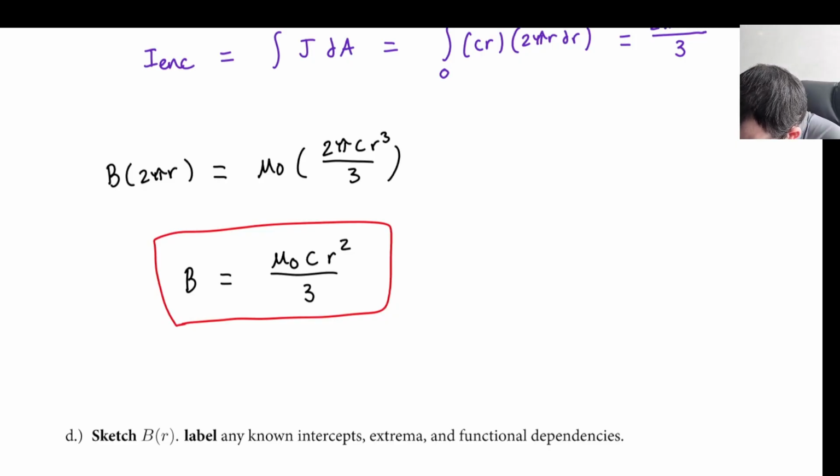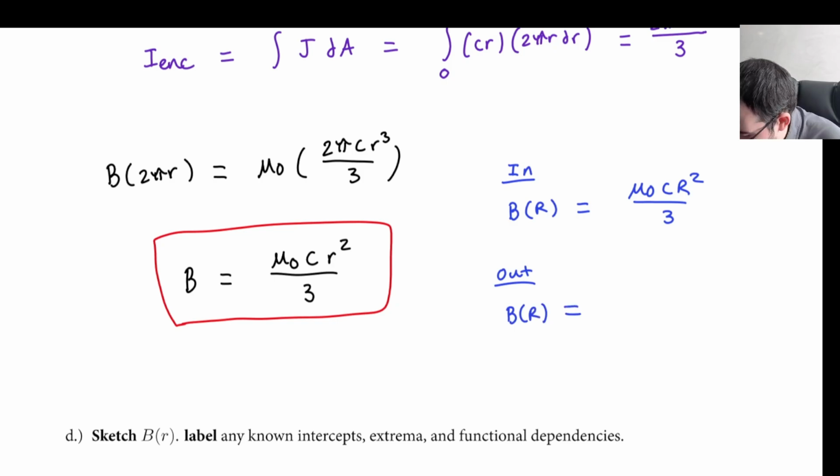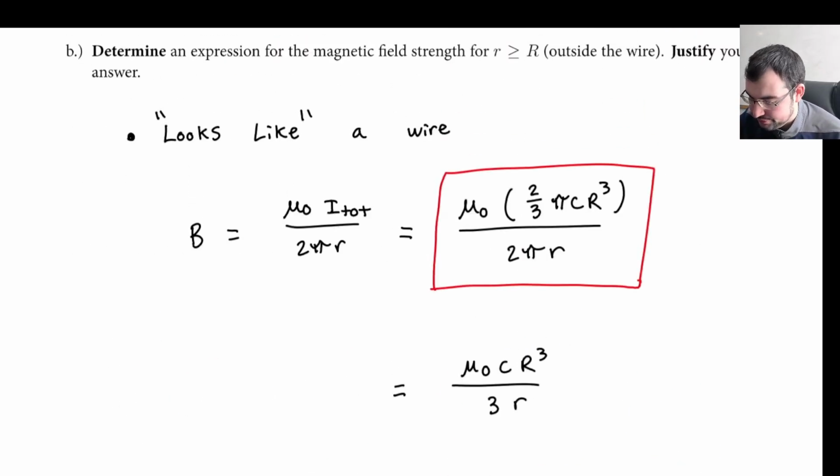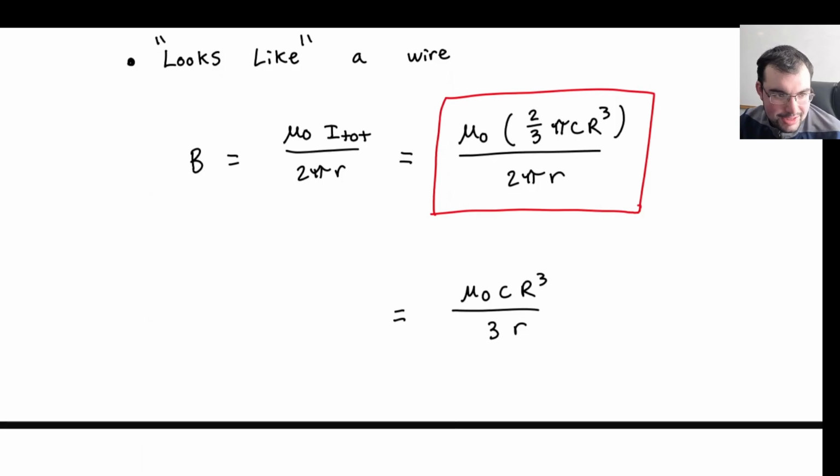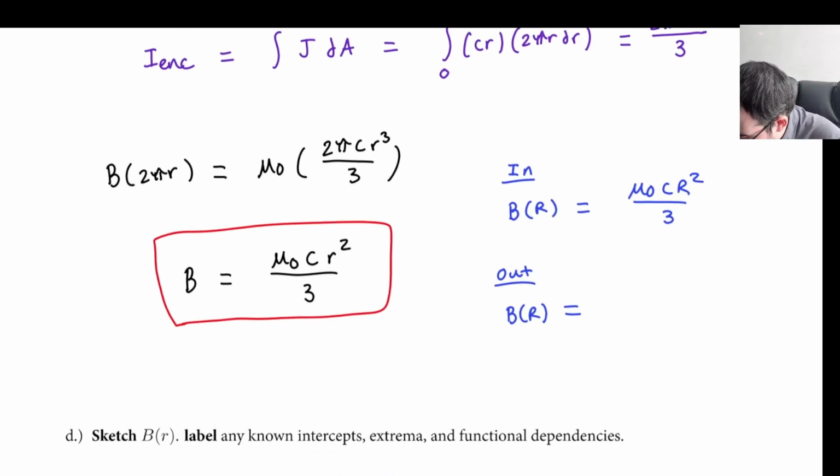At big R, this is mu naught C big R squared over 3. That was our in function. We can also check our out function, where our out function looked like this, mu naught C big R cubed over 3r.